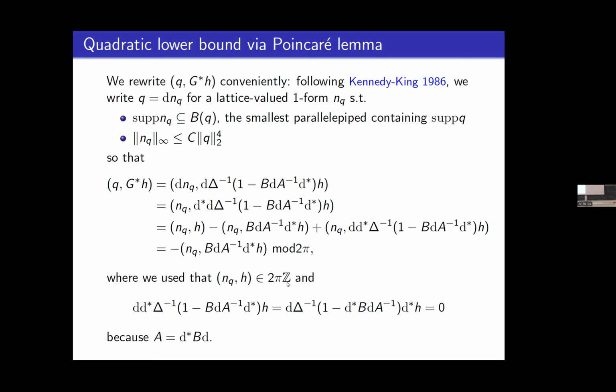Okay, so now we rewrite this. So Q is rewritten as dNQ, and G star H is written using the definition of G. So G star, which is the adjoint of G, is this ugly combination here.